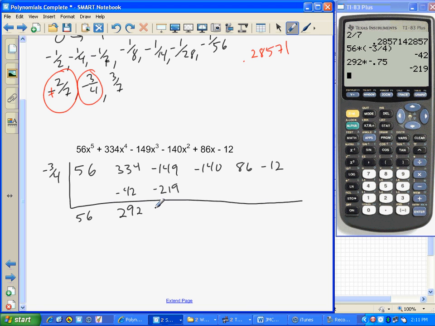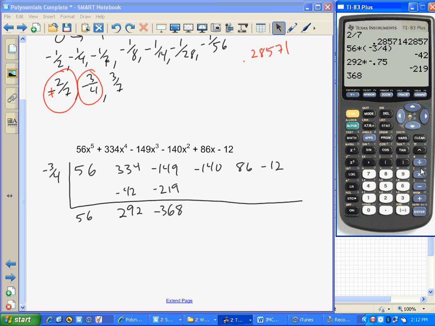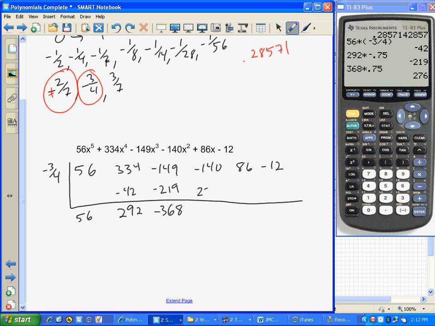Okay, add these, which is going to give us -816. 368, multiply that. Okay, so negative is positive, so positive 276. Add these up, that's going to give me 136.